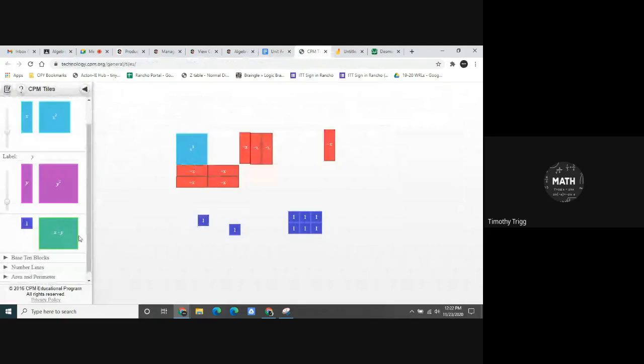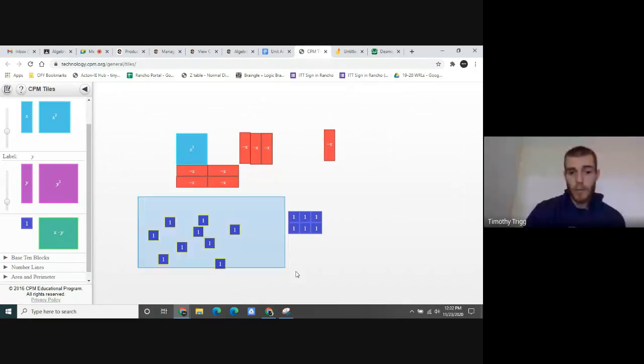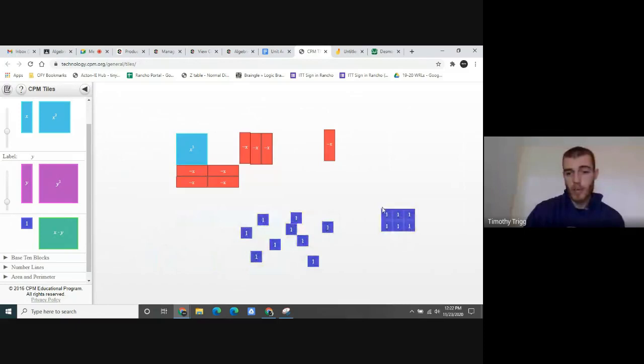So let's move in all those unit tiles. So that's 10, 14, 15. Okay. So let's see if we can make a perfect rectangle using these here. Well, one of the tricks we can use, since I know this is 15 here, is to think about what two things multiply to give me 15.